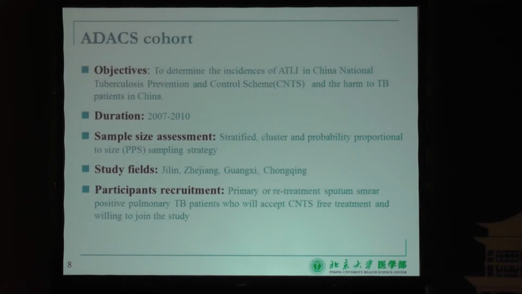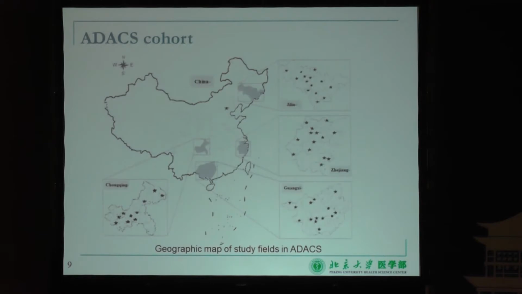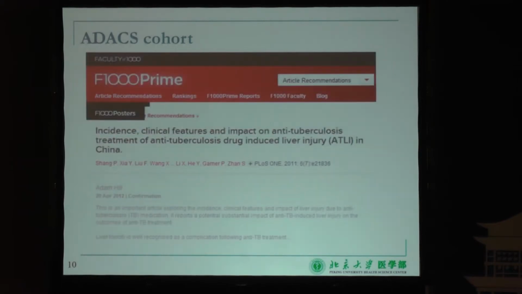We used stratified cluster and probability proportional sampling strategies, and enrolled patients from 52 cities of 4 provinces distributed in northeast, southeast, and southwest China. This figure shows the geographic map of the study field in the ADACS cohort. And we can see more details about the study design of this cohort in this article.